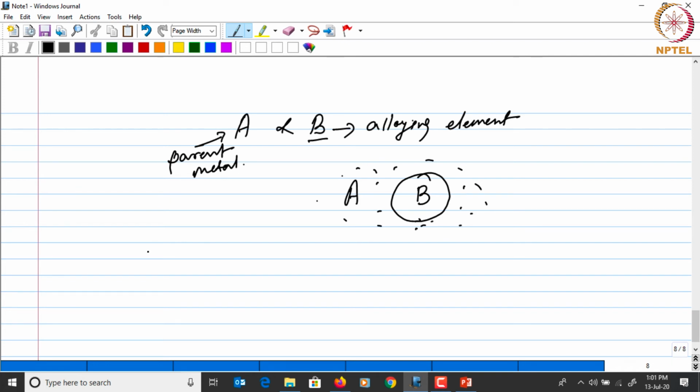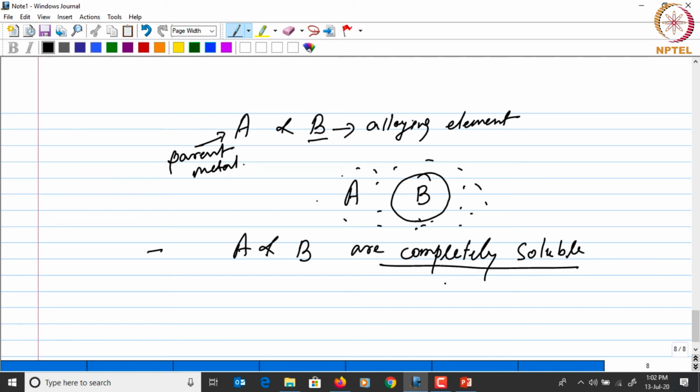And let us also consider that A and B are completely soluble into each other. You might know this kind of system is known as an isomorphous system or isomorphous alloy, where there is complete miscibility or complete solubility.